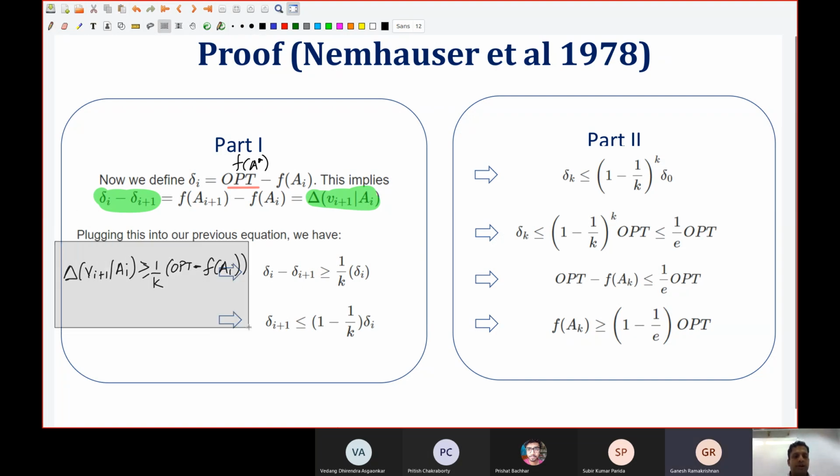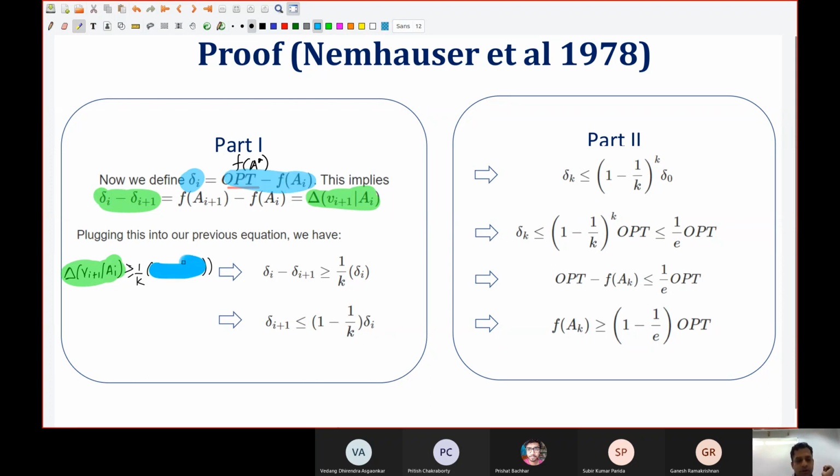Okay, so I'm just recalling this, with again the understanding that this term on the right hand side was exactly delta i minus delta i plus 1. So delta i minus delta i plus 1 is therefore greater than or equal to 1 upon k. Opt minus f of ai is delta i. So we just plugged in all these different terms from above.